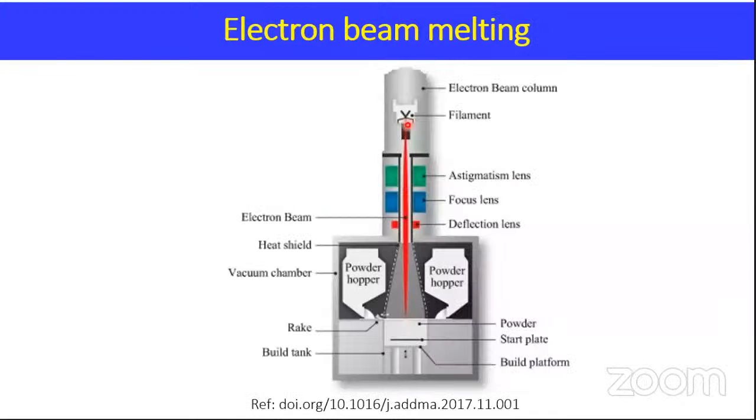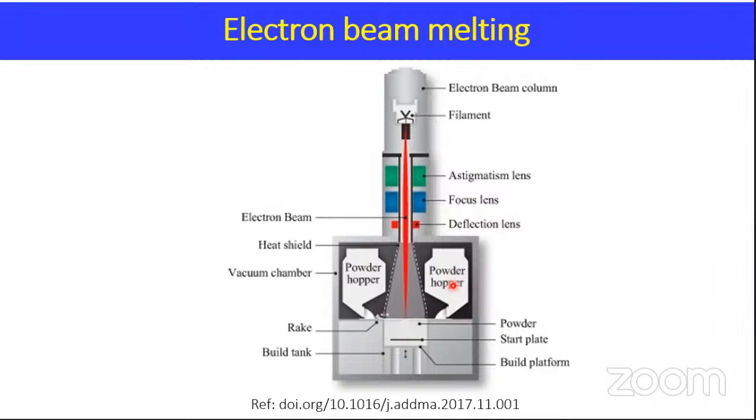And the other technique is the electron beam melting AM technology. The concept is by and large the same, except for the laser. In this particular process, we make use of an electron beam to melt the layer of powder, and the sequence of operations happens in more or less a similar way.